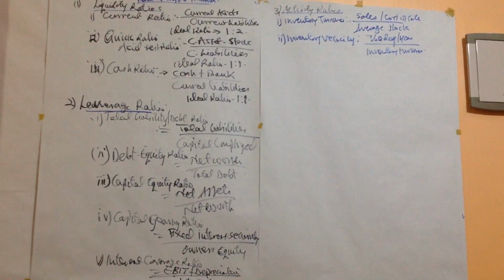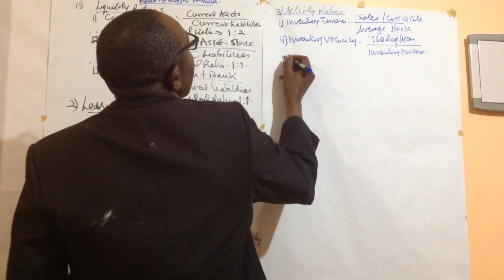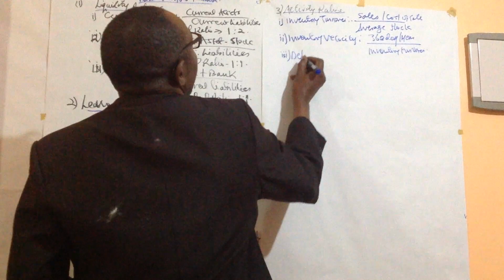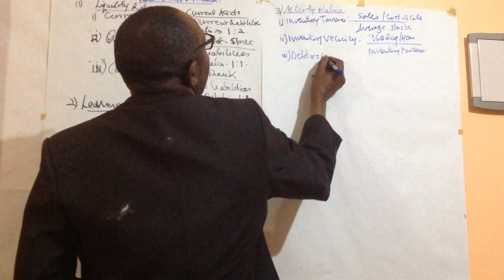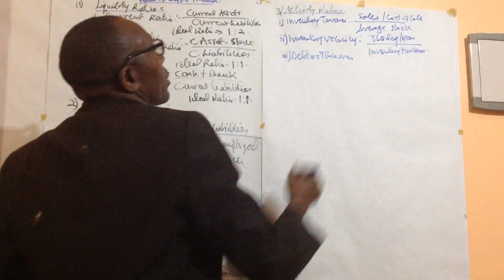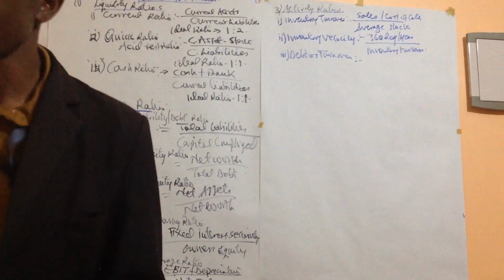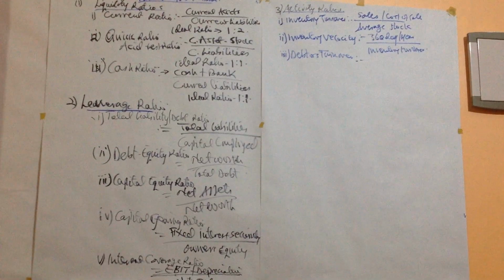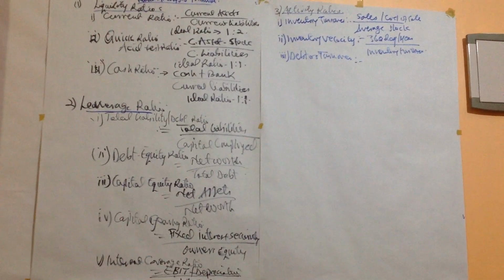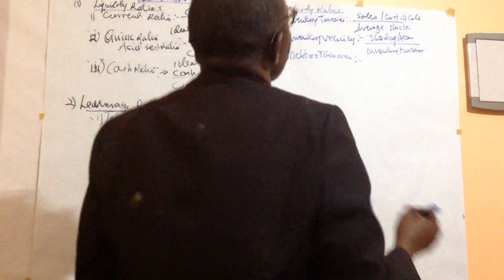Then we have the debtors turnover. Here we're relating to the debtors. So we talk of the credit sales over the average debtors.